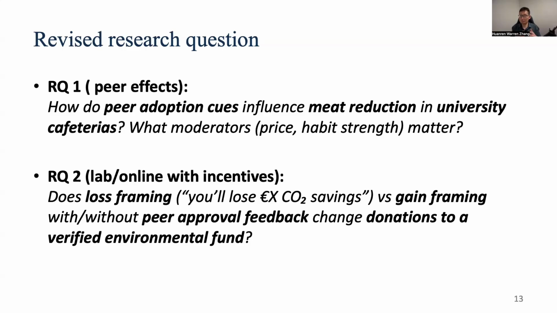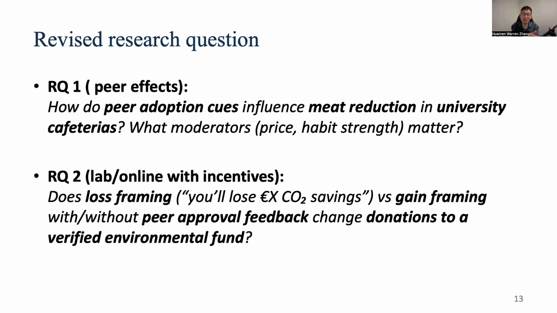The second version of revision is related to this lab online experiment with incentives, right? Here, we just talk about one specific bias with loss aversion. So the question asks, does loss framing, okay, again, it's loss aversion and also framing effect.